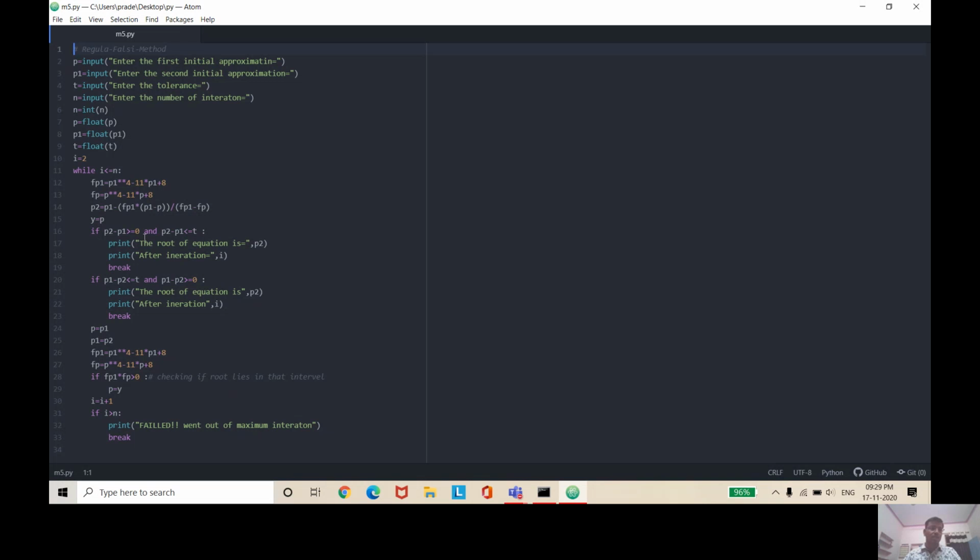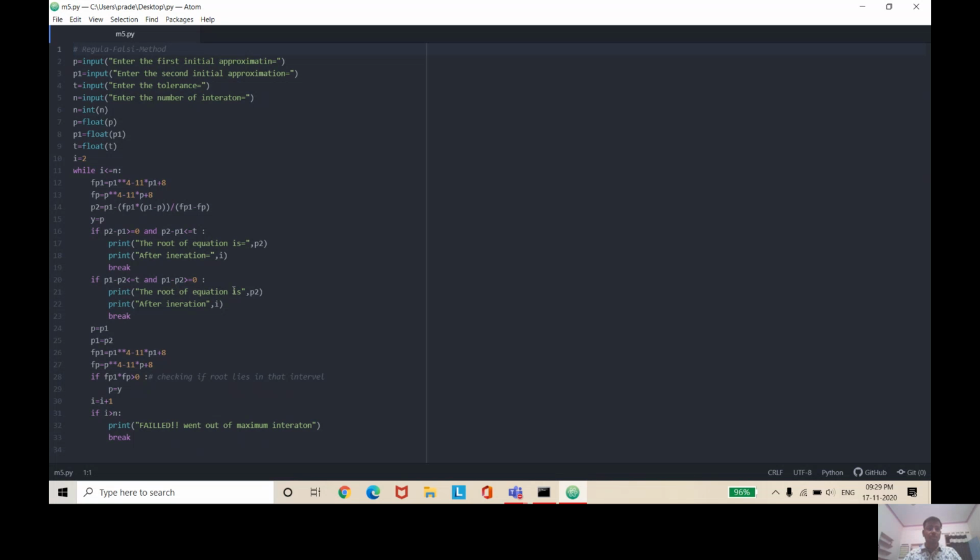If this condition does not get true, like if the next iteration is not higher than the previous iteration, so p2 minus p1 is not positive but negative, here p1 minus p2 is positive and p1 minus p2 is less than or equal to our tolerance value, then also we get our root.